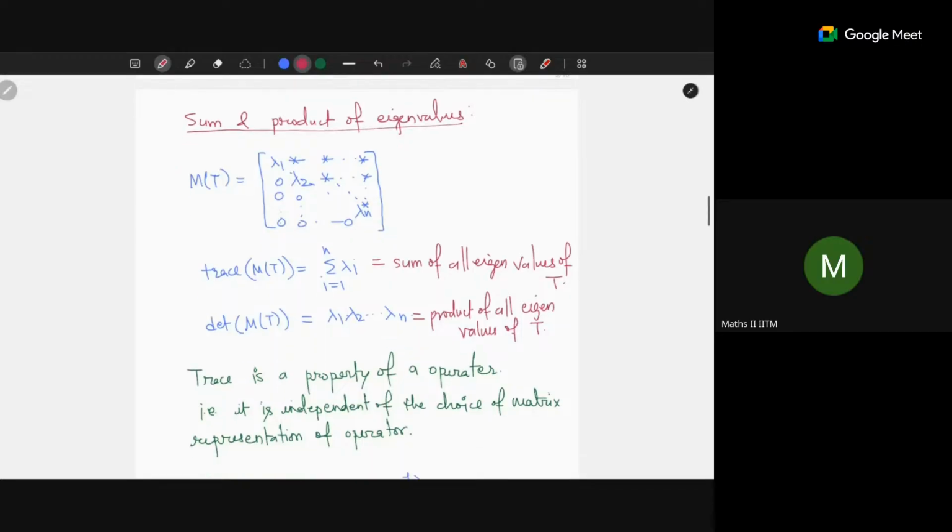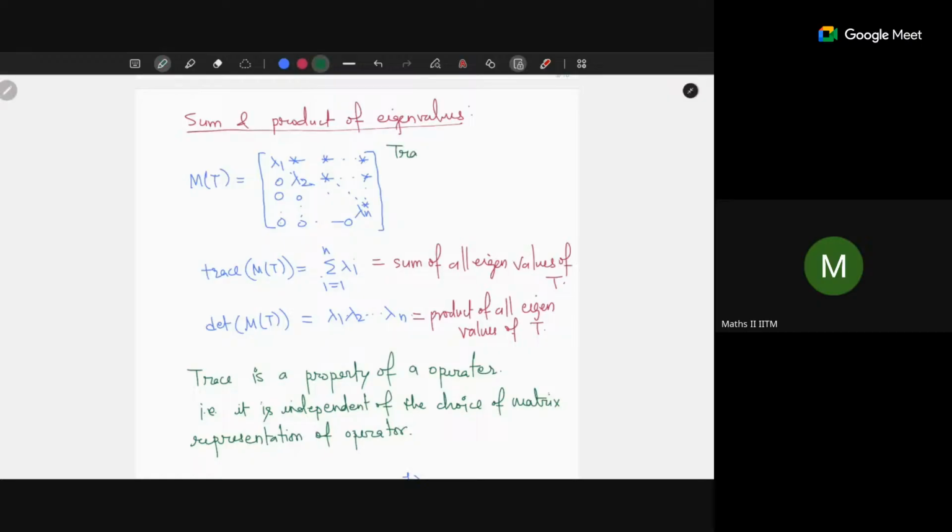Now you may ask me, can you repeat what this trace is? Let me write it down here.